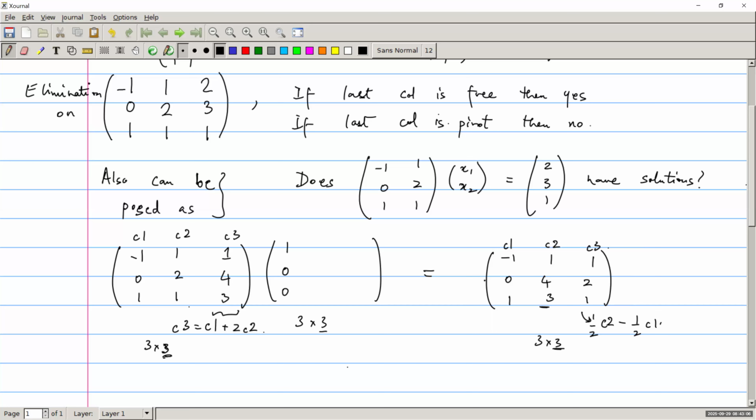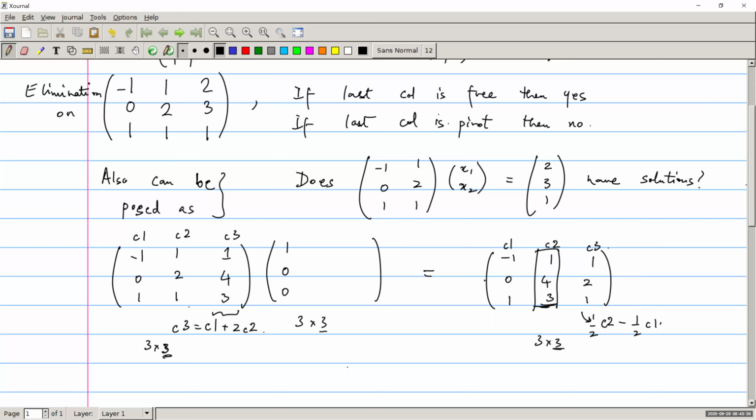I've just labeled the columns because some of you are telling me it helps if I label these columns. Now this column 3 has to go to column 2 of the product. How do I manage to do that? The product's second column happens to be 0 times column 1 plus 0 times column 2 plus 1 times column 3.